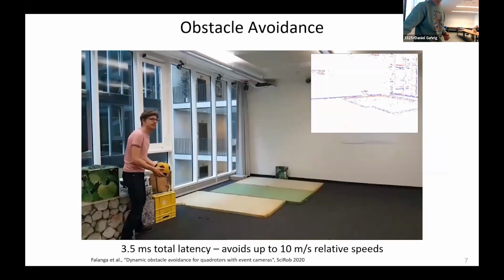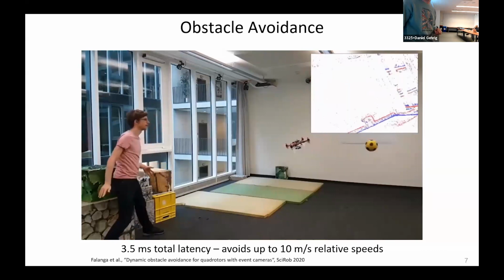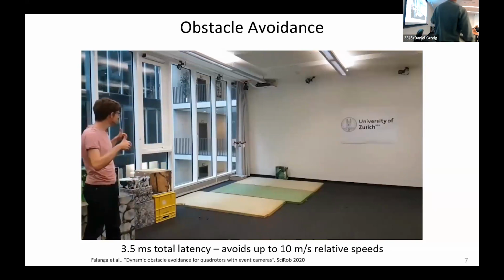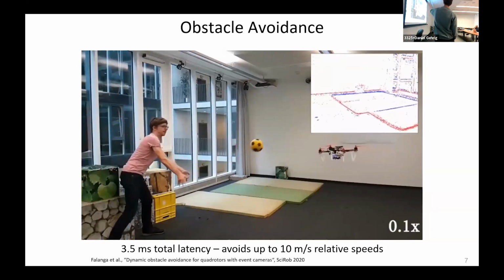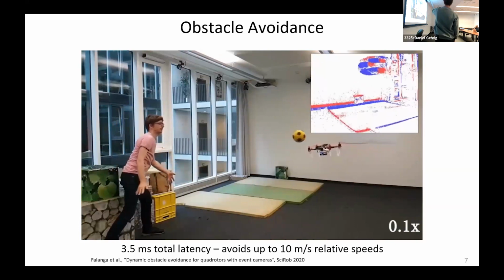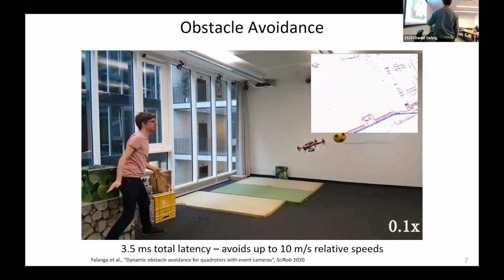So let me show you one of the early works which used event cameras, here in this example for dynamic object avoidance. Here you can see our drone perceiving the events with the camera mounted on the drone itself, and being able to avoid an object with a 3.5 millisecond perception to action latency.